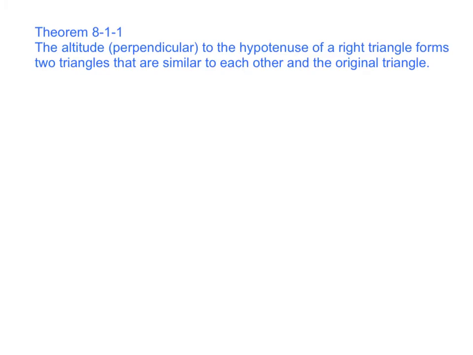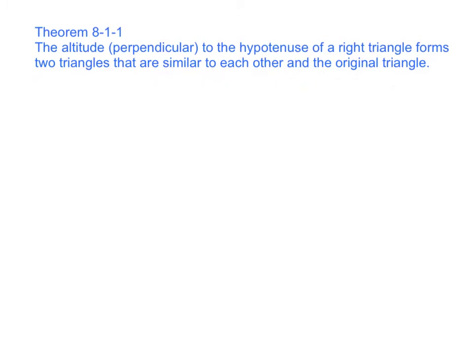Now, before we apply the geometric mean, we need to introduce a theorem, which is 8-1-1. As a reminder, an altitude is a line perpendicular to another line. So the altitude to the hypotenuse of a right triangle forms two triangles that are similar to each other and the original triangle.